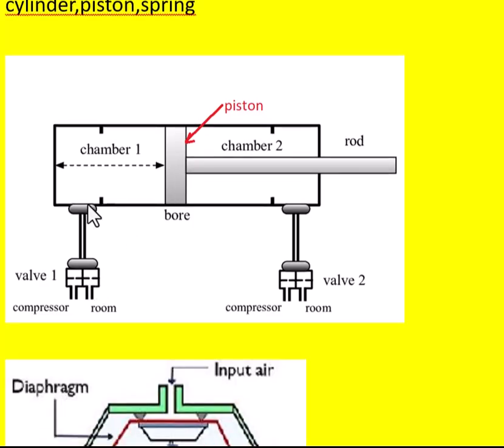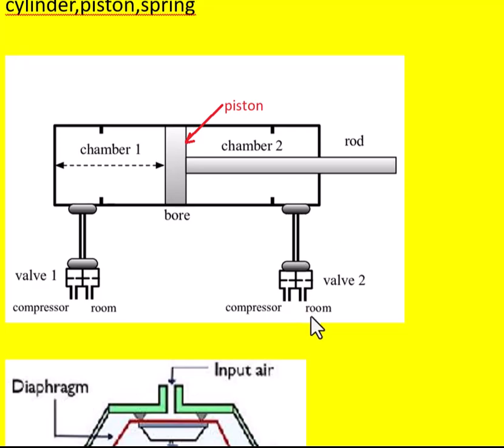That is, this will have two control valves. This is one control valve, this is another control valve, and control valve 1 has an air compressor room, and valve 2 also has the compressor room with the high pressure air.